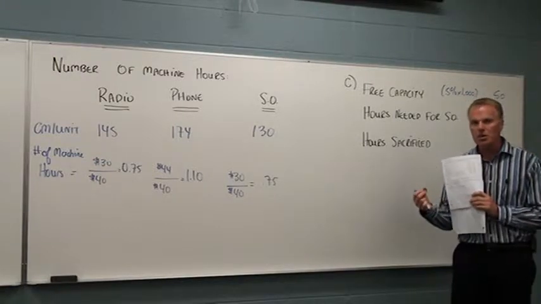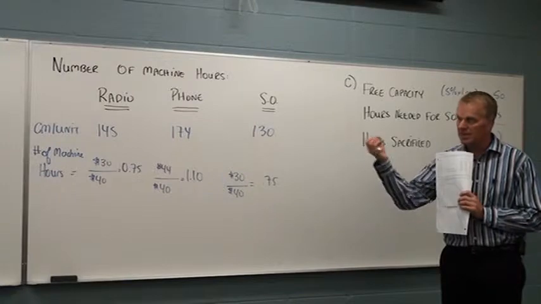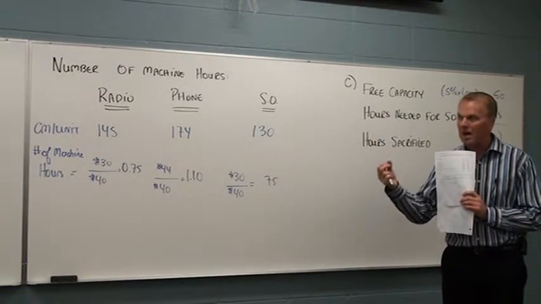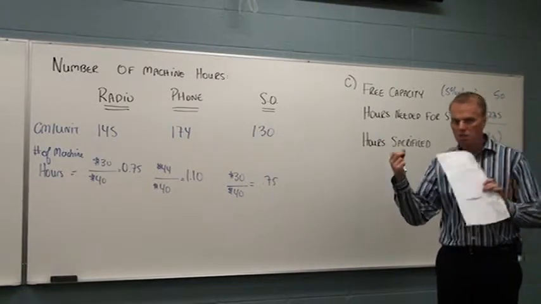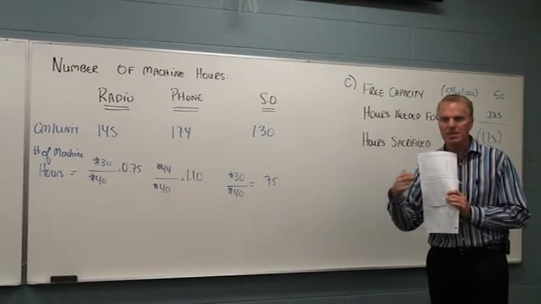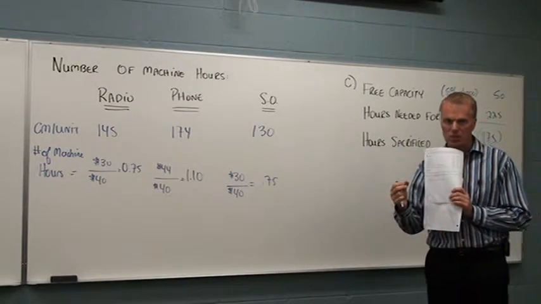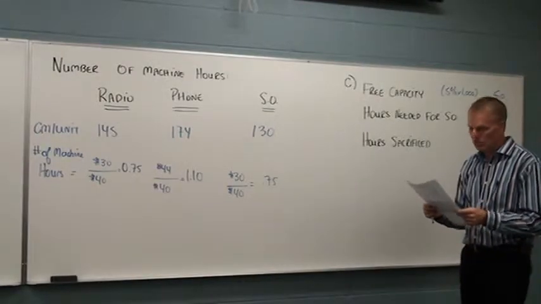So what an opportunity cost means is that if you choose to do one item, in this case the special order, you're going to have to give up manufacturing another type of product. Hopefully overall you gain, but you have to recognize that the opportunity cost means that you also will lose elsewhere. But overall you're hoping that your gain is much higher than what you lose.